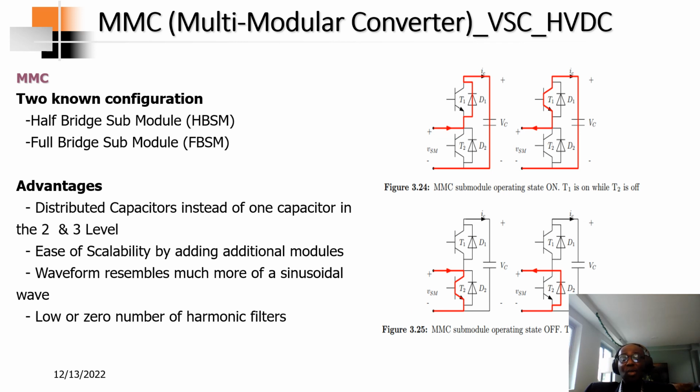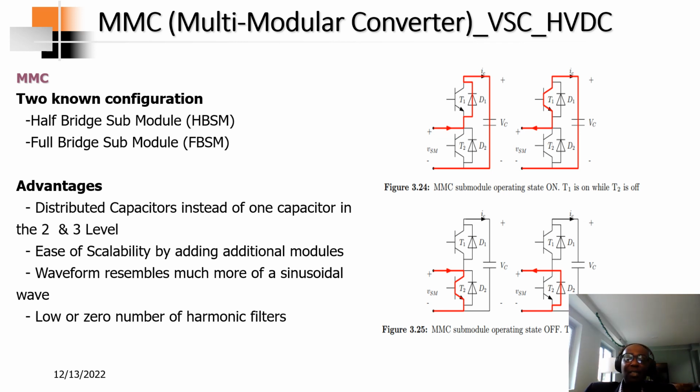When the current is flowing in the other direction, that is considered discharging. So this one is charging, and this side is discharging. Discharging occurs when there's a fault. Charging is during energization of the converter.